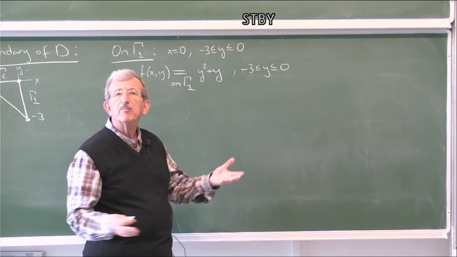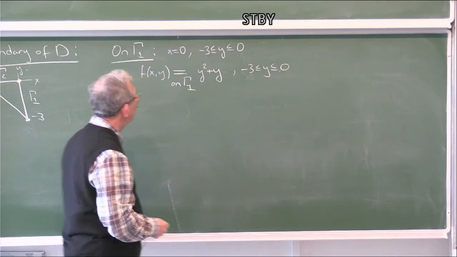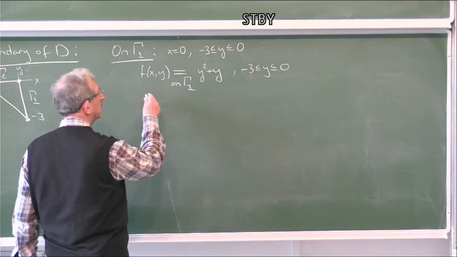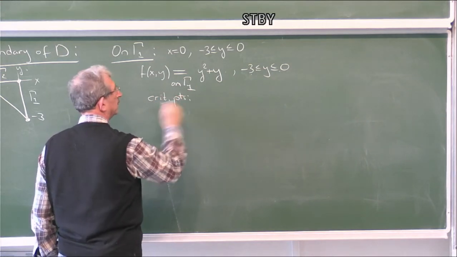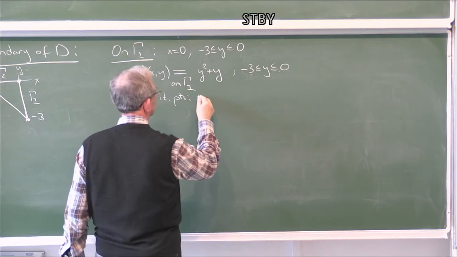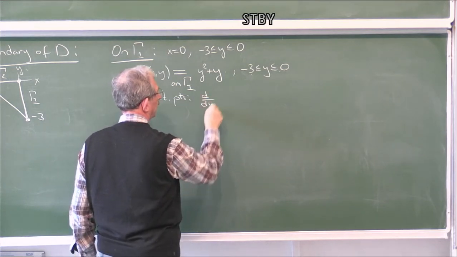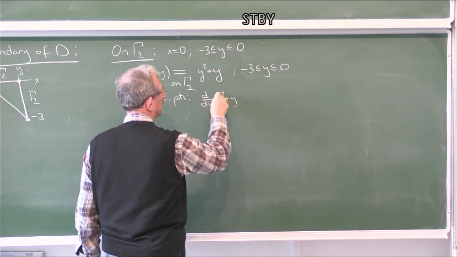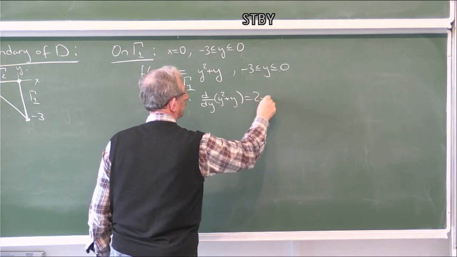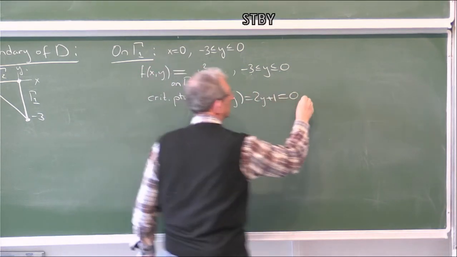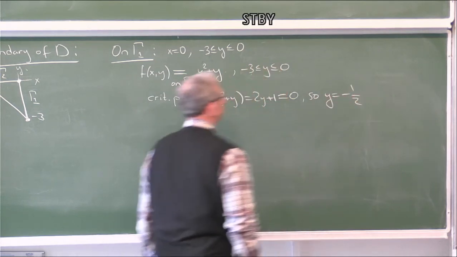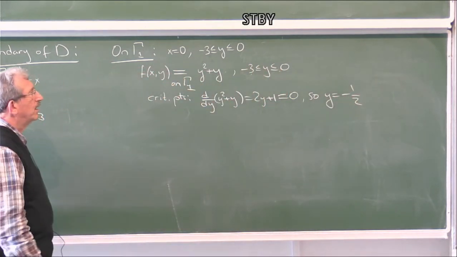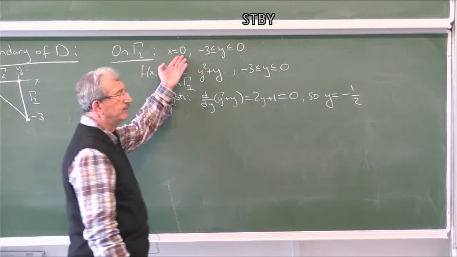What are the minimum and maximum values? Well, for this, we have to check critical points, which means that the derivative of y squared plus y, 2y plus 1, must be 0. So y is minus half. Okay. Well, x was 0.